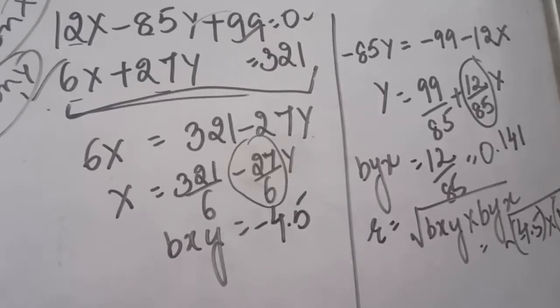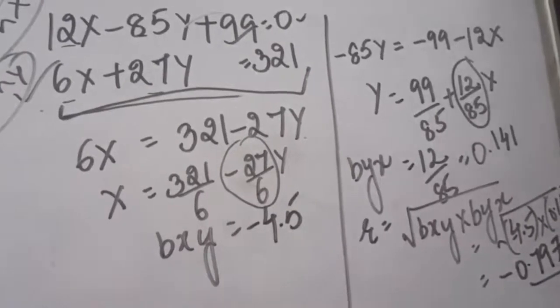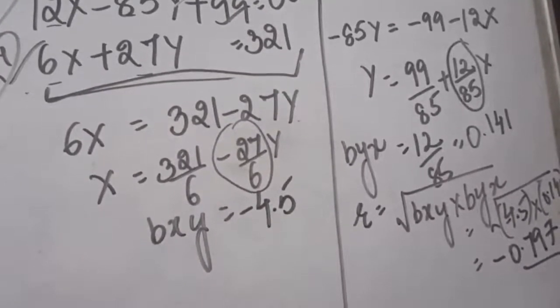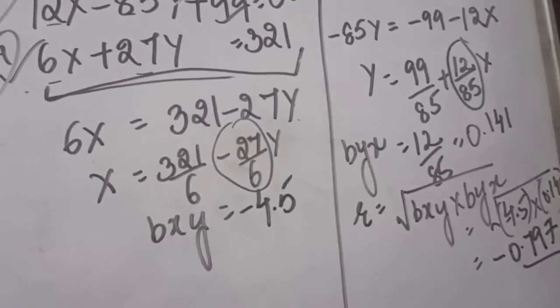Solving this you will get 0.63. Again when you take the square root, it comes out to be minus 0.797. So by solving this, you can clearly see that the value of r lies between minus 1 and positive 1. It means now our assumption is 100% accurate.